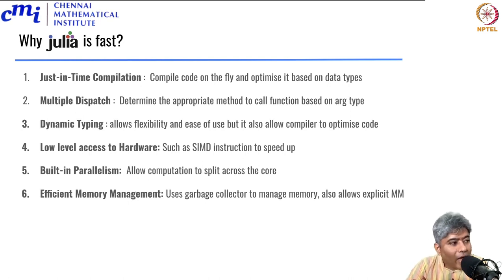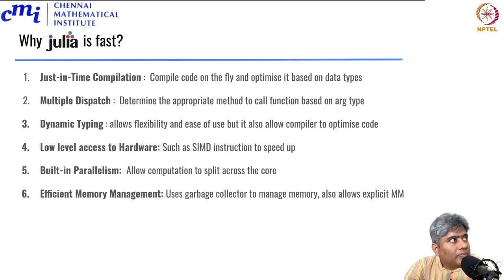So if you have a data type, say Float64, or Int32, or something else, based on the data types it runs the code compilation and tries to optimize the time accordingly.